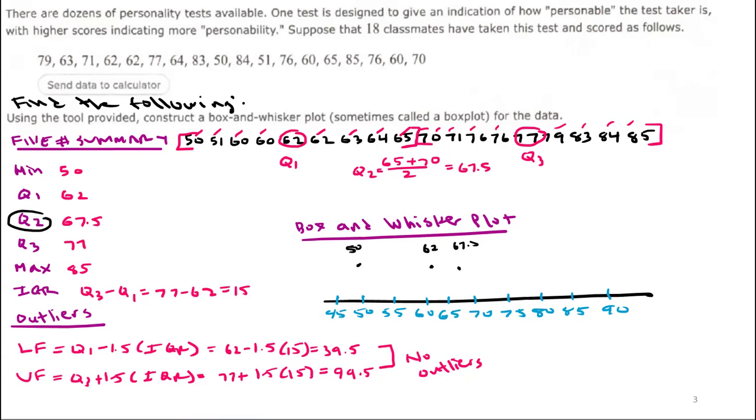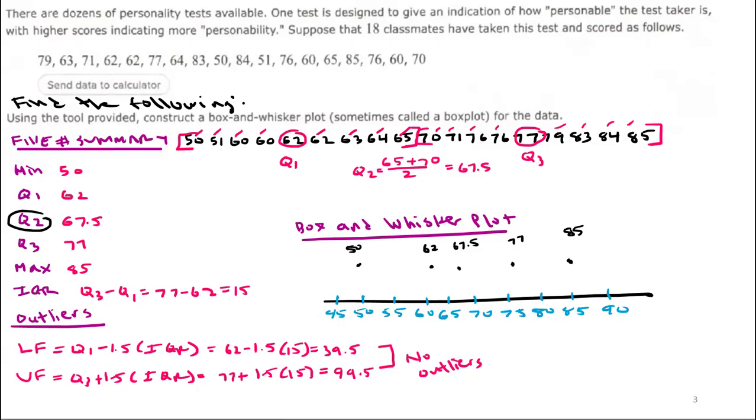So I write 67.5. The next one is 77, so it's about right here. And then the max is 85, right here. So again, make sure you do label these points. If you don't, you will lose points.